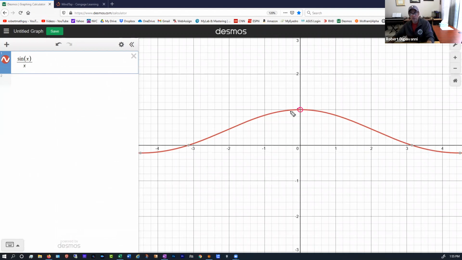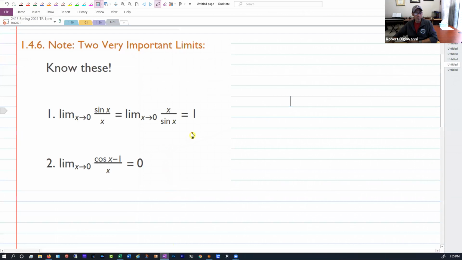But hopefully you can agree with me that from the left and from the right, the limit is 1. It's approaching 1 from both sides, okay? So for right now, you're going to take that on faith, okay? I'm telling you, you look at the graph, you say yes. But there's no algebra or trick that I can show you right now to prove to you that this is true. In other words, I can tell you right now that this is 1.